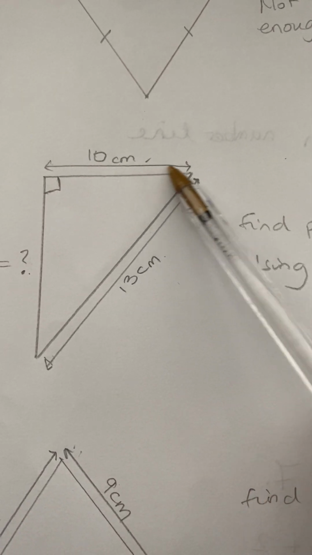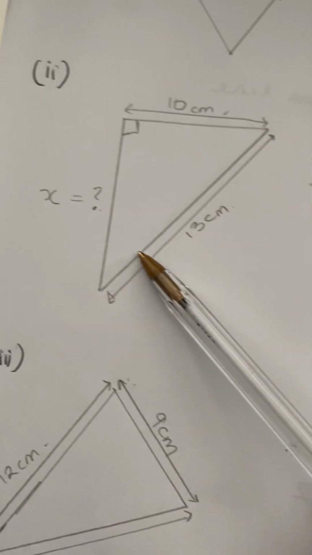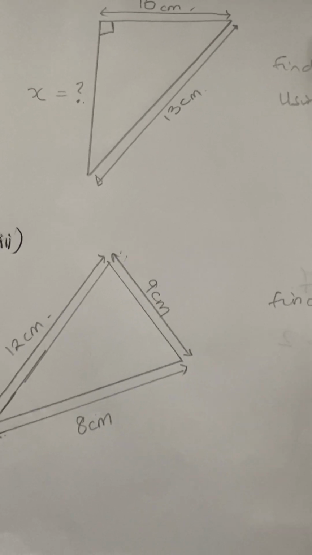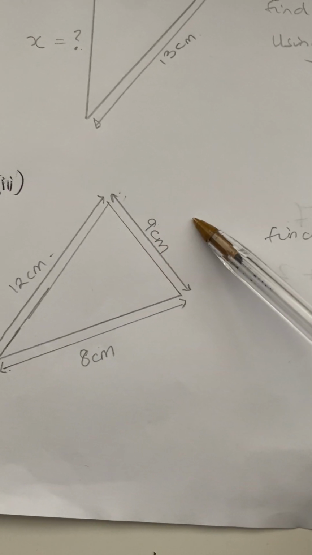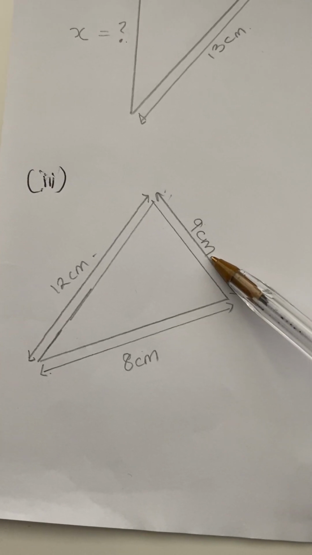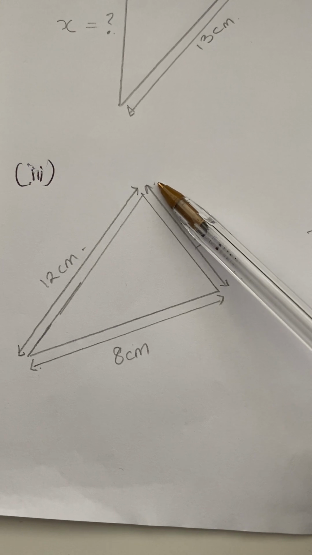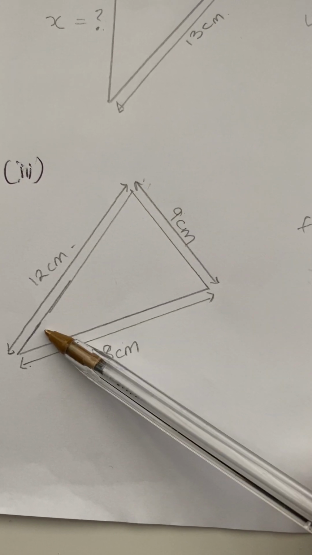And then that is 10 centimeters. That is 13 centimeters. That is the second triangle. Now, all these triangles are not to scale. The third one is, that is 9 centimeters. That is 12 centimeters.